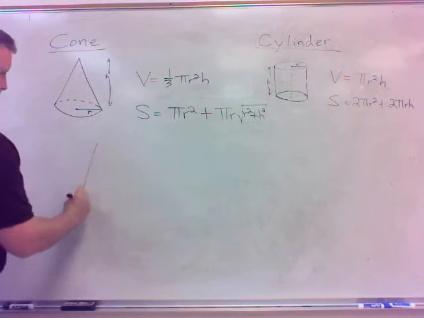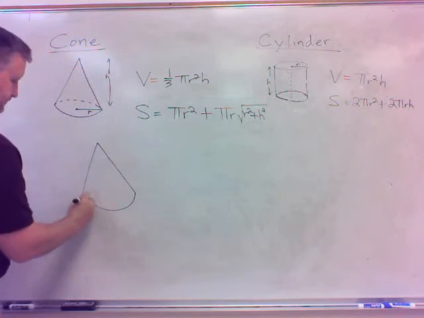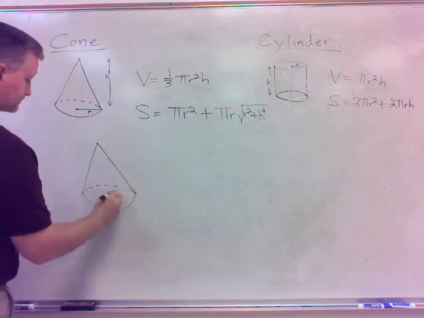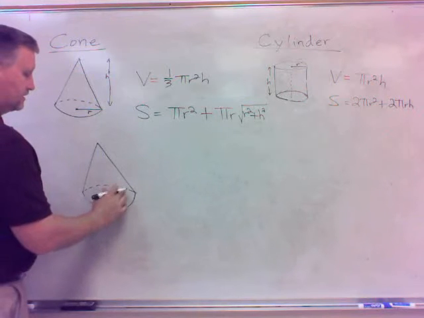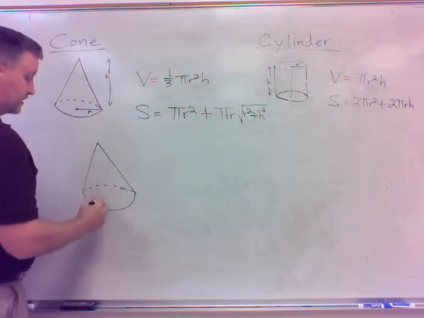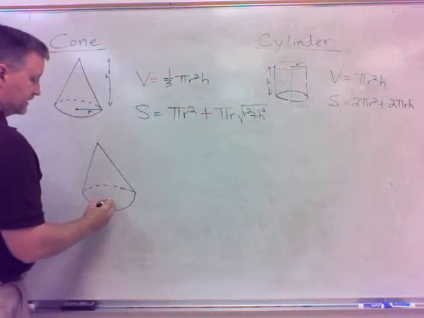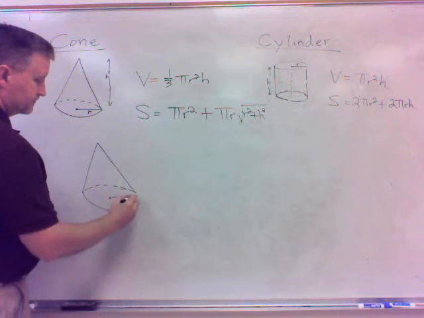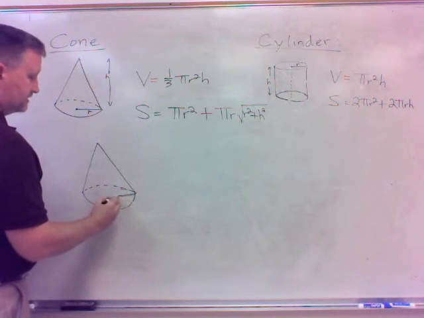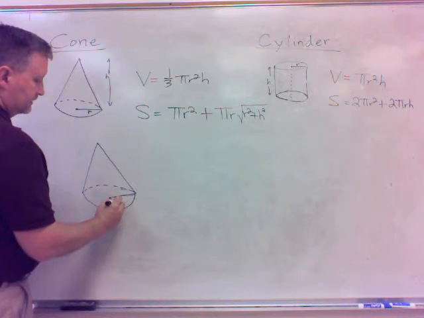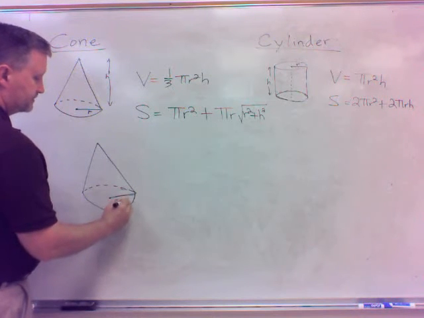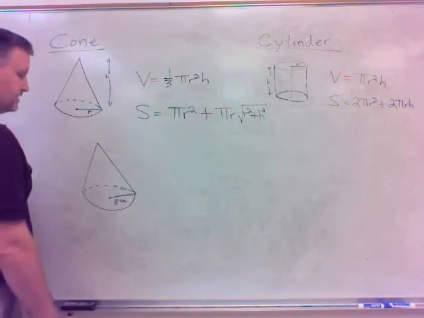All right, so let's say we do have a cone, and the cone has radius, let's make it 8 centimeters radius.